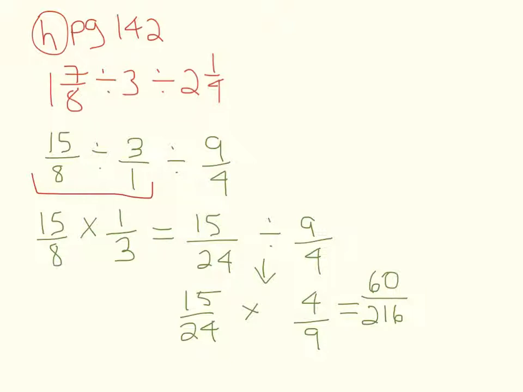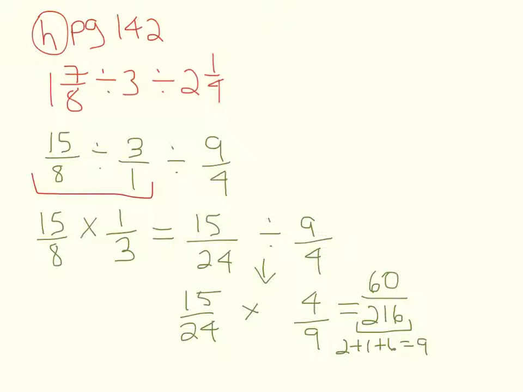Because the numerator is smaller than our denominator, we just simply need to reduce this down. So if we follow our divisibility rule for 3 with 216, it is that if we add up the numbers together, 2 plus 1 plus 6, that actually gives us 9.